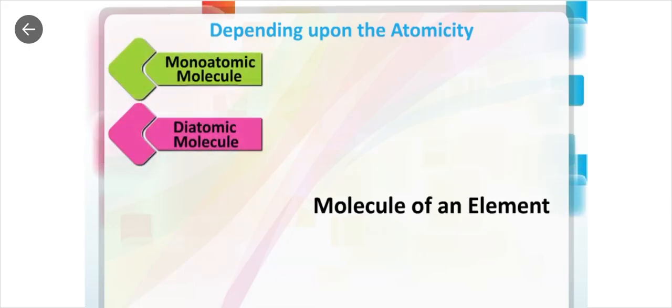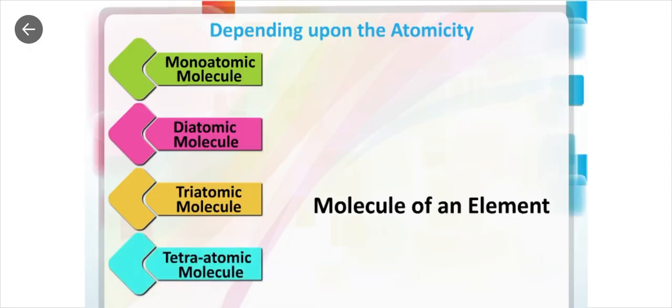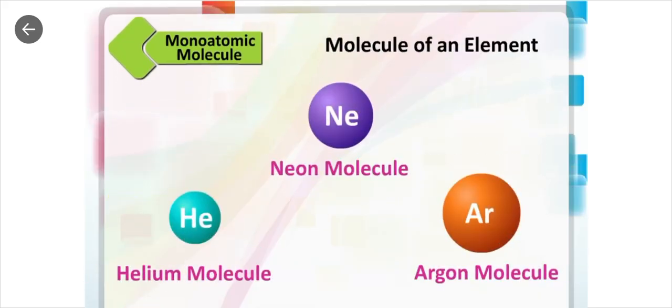Therefore, depending upon the atomicity, a molecule of an element can be called monoatomic, diatomic, triatomic, tetraatomic, and polyatomic. A monoatomic molecule of an element contains only one atom of the same element.